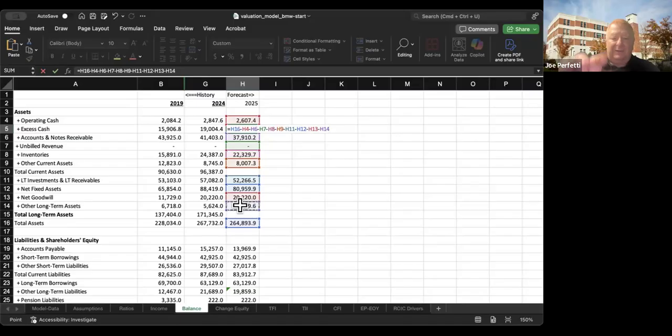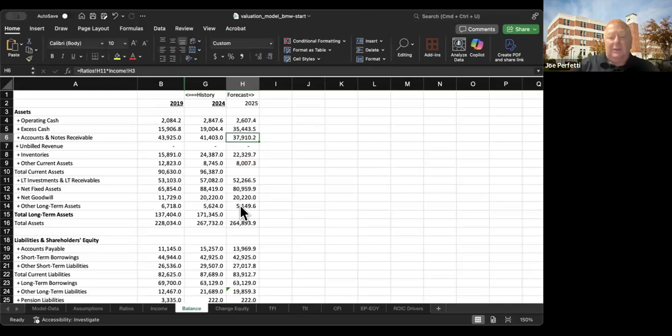So I've accounted for everything else except for excess cash. I hit enter. I get 35 billion of forecasted excess cash, and most importantly, no circular reference.